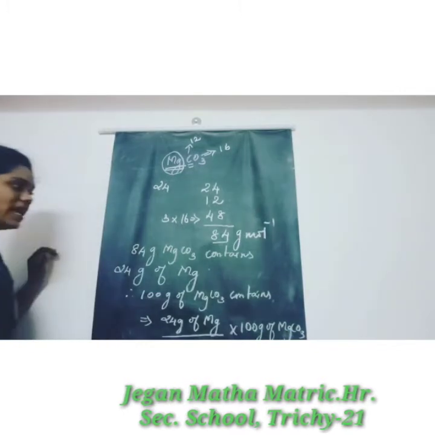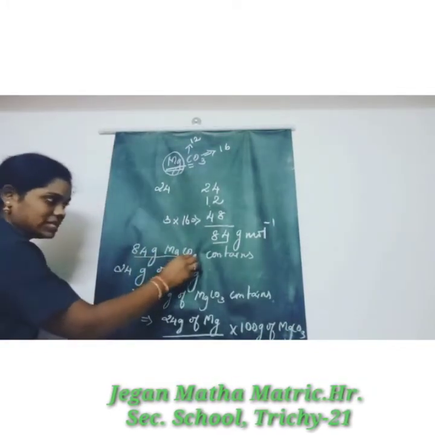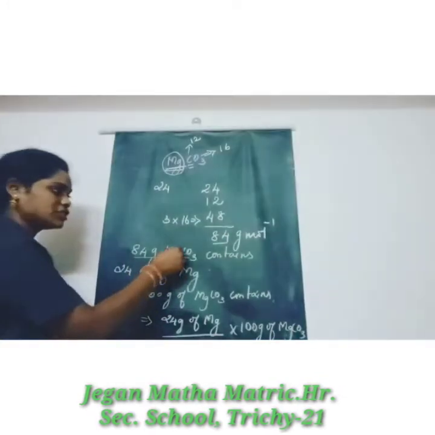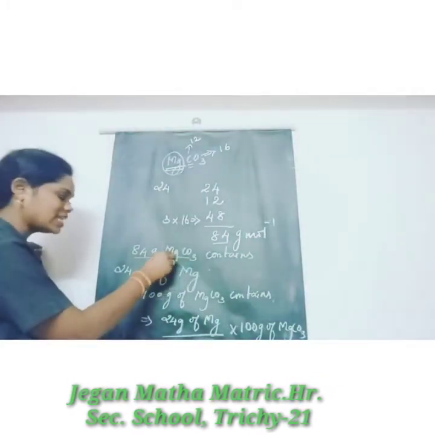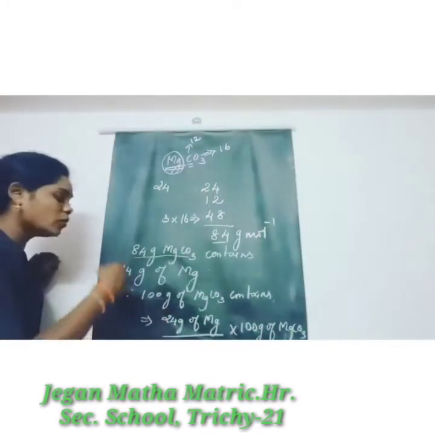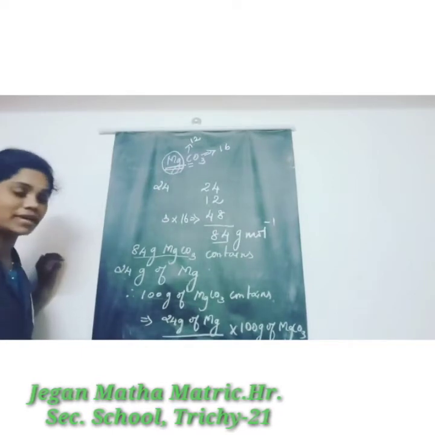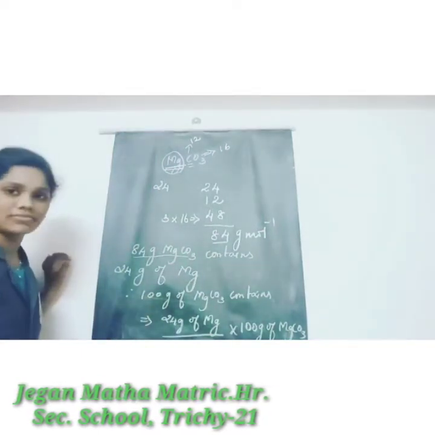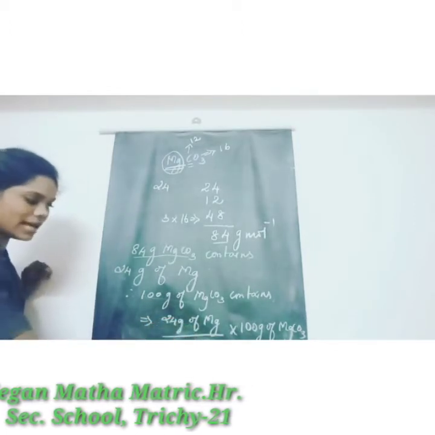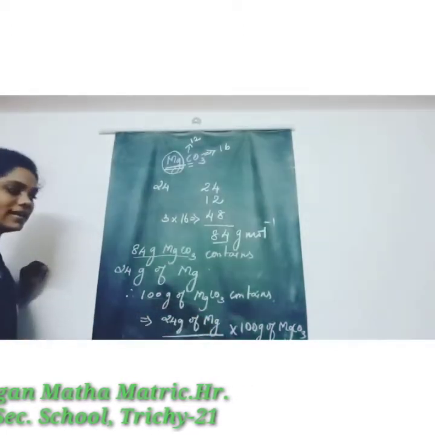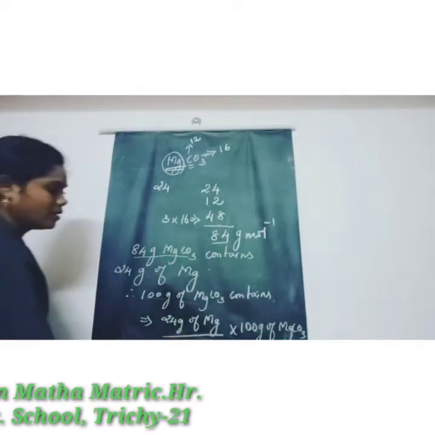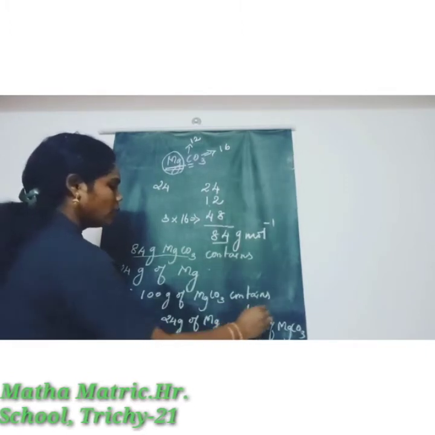Once again I explain: in 84 gram of magnesium carbonate, magnesium is only 24 gram. We want to know how many grams of magnesium are in 100 gram of magnesium carbonate. So 24 gram of magnesium divided by 84 gram of magnesium carbonate into 100 gram of magnesium carbonate. Cancelling, we get 1.19.